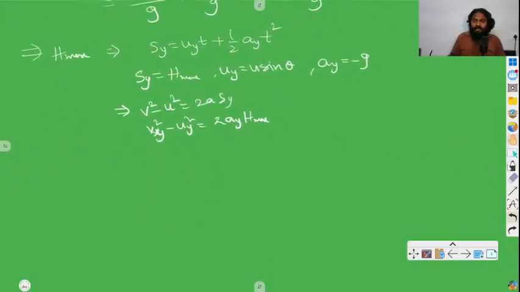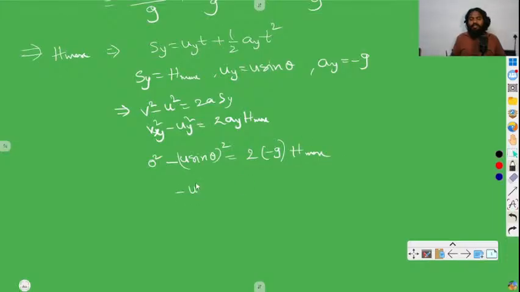From this, vy is 0 at maximum height. The final velocity of the projectile at maximum height is 0, you know very well. So 0 square minus u sin theta square is equal to 2 times minus g h max.